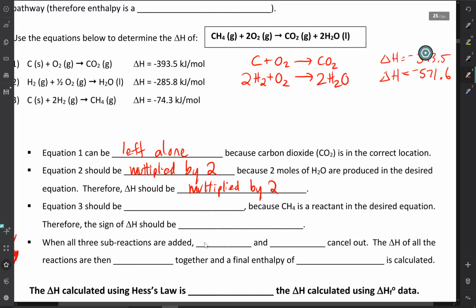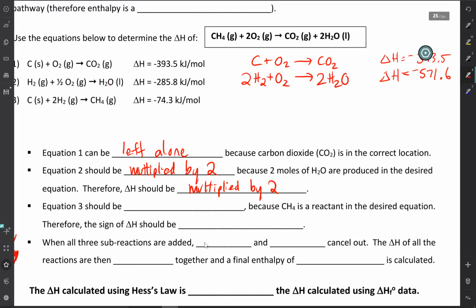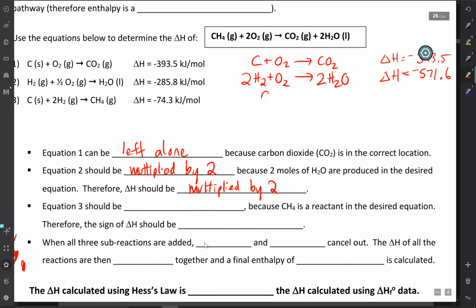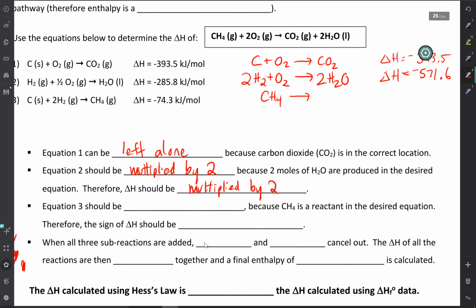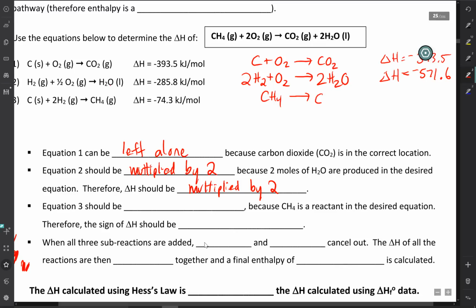So I'm going to take CH4. You're really going to want to make sure that your reaction arrows stay lined up. It's going to help you keep things organized. CH4 is equal to C plus 2H2.